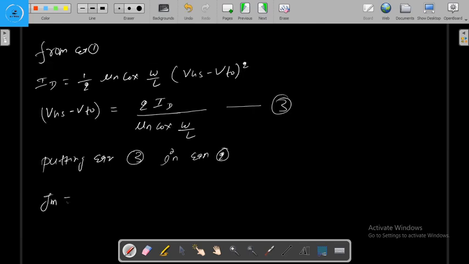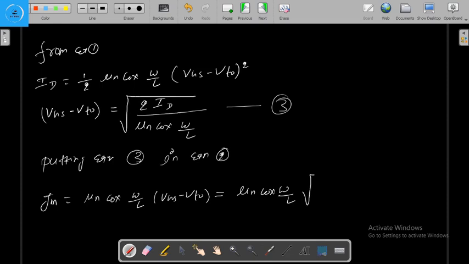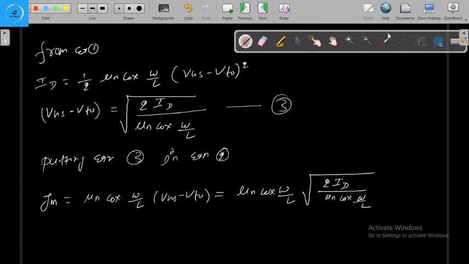Hence gm will be equal to mu_n C_ox W/L times (VGS minus VT0). Putting VGS minus VT0 equal to this, it will be mu_n C_ox W/L times the root of 2ID divided by mu_n C_ox W/L. So gm will be equal to the root of 2 mu_n C_ox W/L times ID.